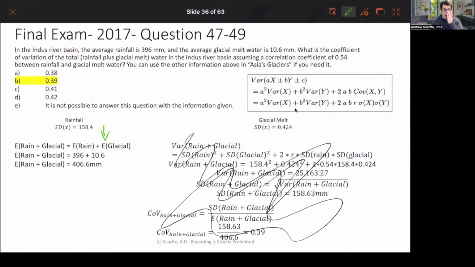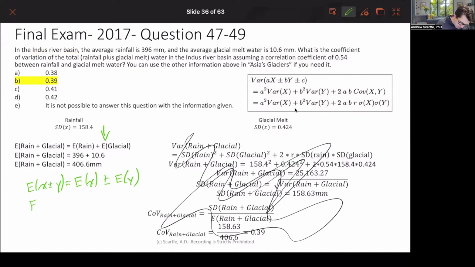So let's first calculate our expected value of rain plus glacial. In this case, the expected value of rain plus the expected value of glacial is equal to 406.6 millimeters, right? You'll remember this from your course, the expected value of x plus or minus y is simply equal to the expected value of x plus or minus the expected value of y.